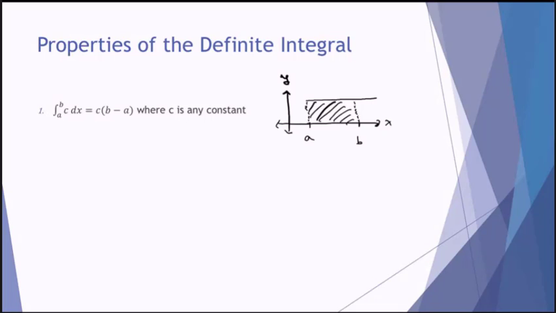It's now a rectangle, where the width goes from here to here. The width is b minus a, and the height of your rectangle is however high that constant is. So what they're actually doing is taking a width times a height, but it's exact in the case where your function is a constant.